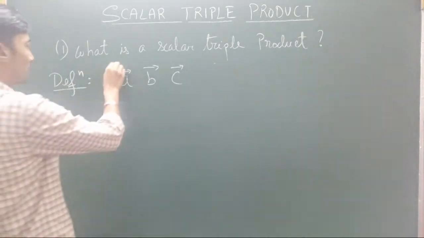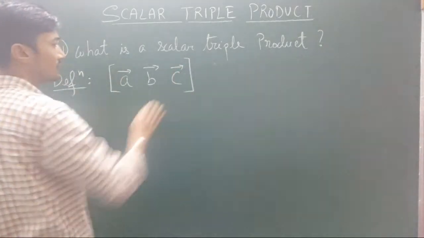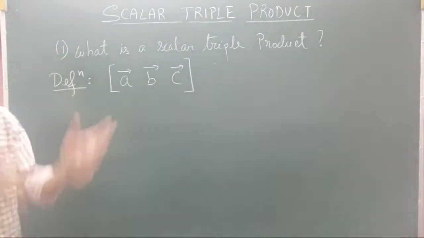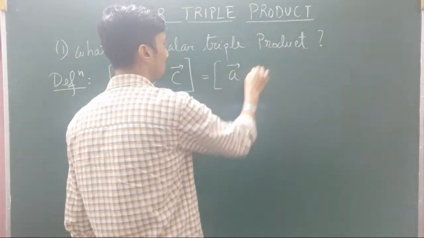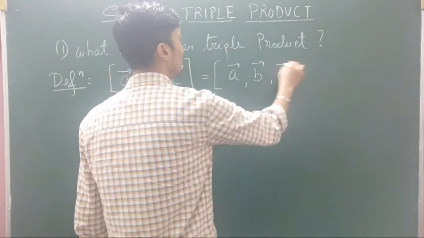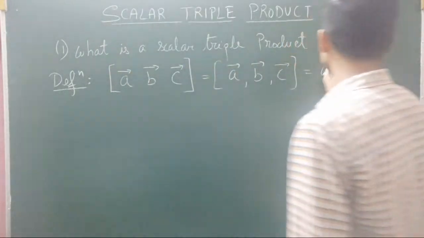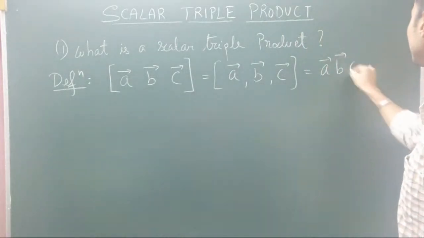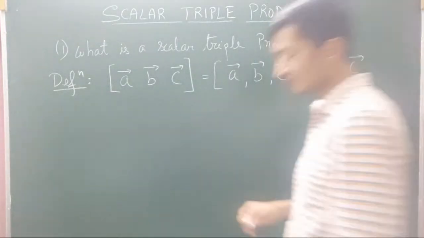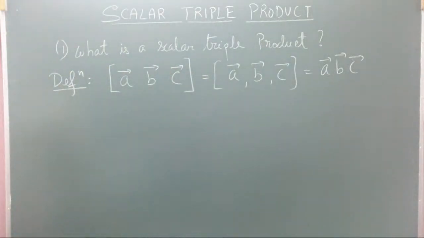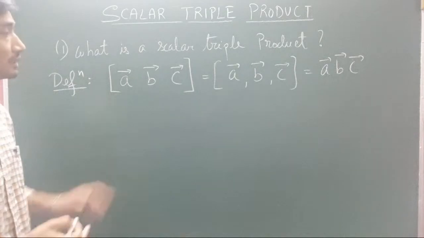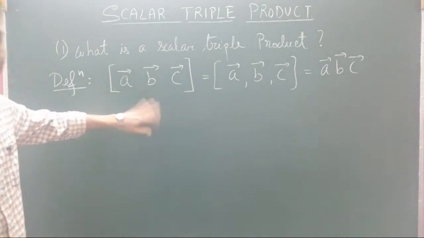The scalar triple product is represented generally like this, within the box A, B, C, or sometimes you can use commas, A, B, C, or sometimes nothing is given, just A, B, C. There are different ways to denote it, so do not be confused by the notation, though more commonly we use this one.